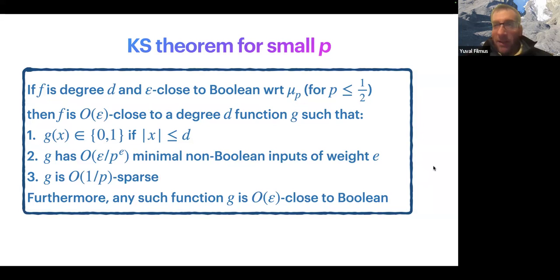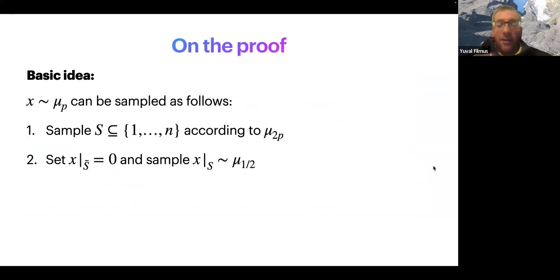It illustrates some kind of approach to handling small p, which is different from some of the other approaches. So the basic idea behind the proof is that p is 2p times a half. Maybe this doesn't sound very deep, but still, this is really the main point.